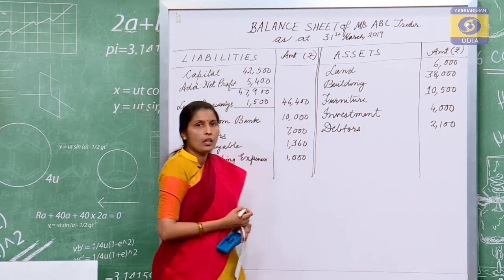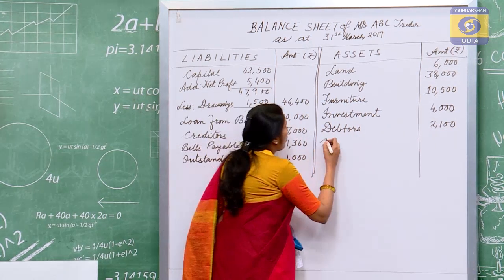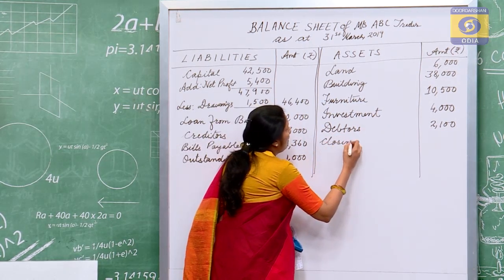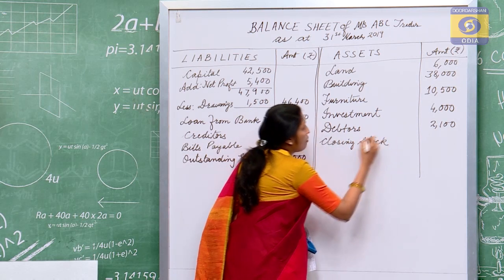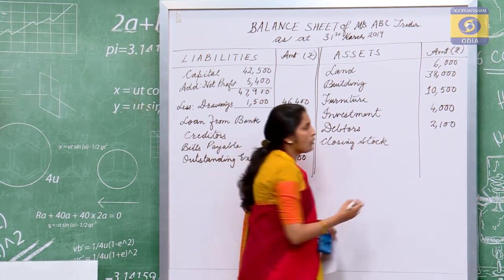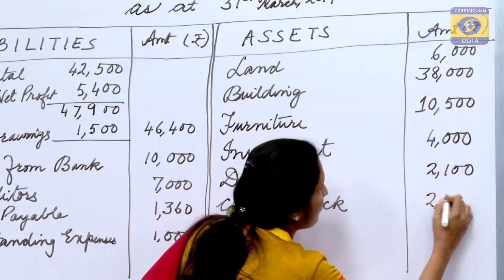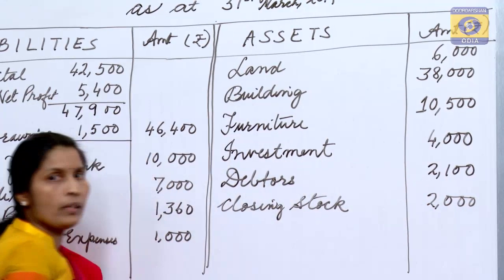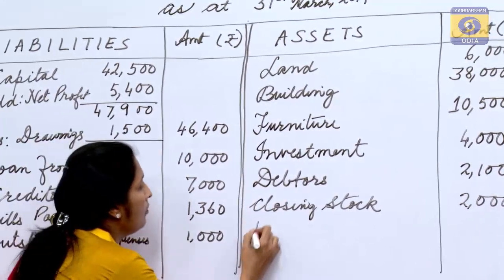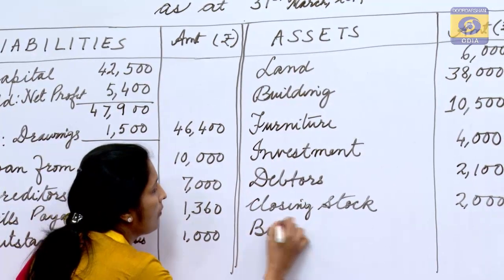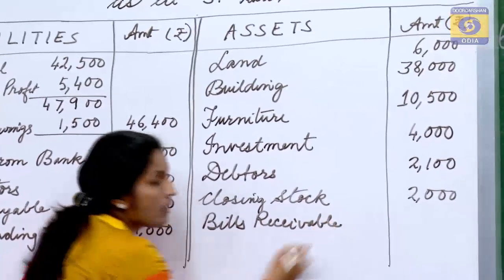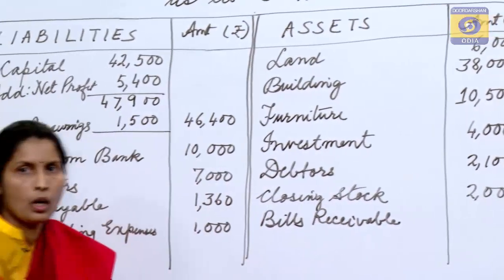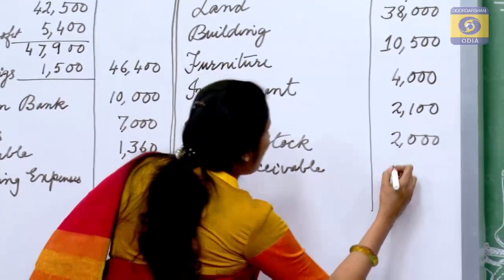Next item, closing stock. As you can see, the closing stock was given to you below the extract of the trial balance. So the closing stock amount is rupees 2,000. Next we have bills receivable. So bills receivable amount given to us is how much? Rupees 2,480.